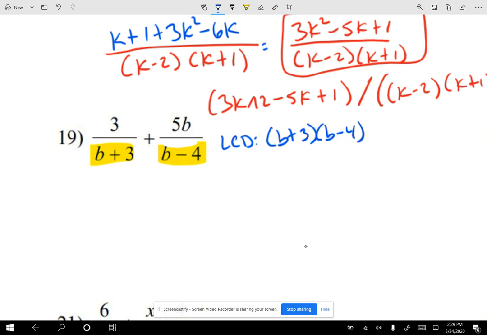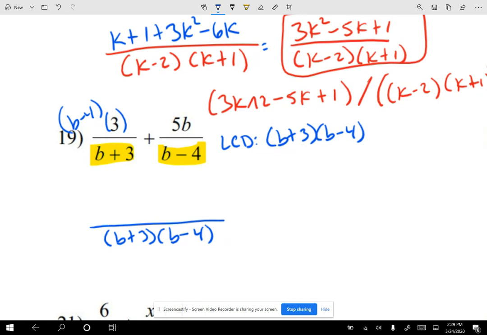So when I combine these, let me have b plus 3 and b minus 4 at the bottom. From the two parentheses that I have on my denominator, my first fraction, the one I don't have, is b minus 4. So I'm going to multiply that with 3.